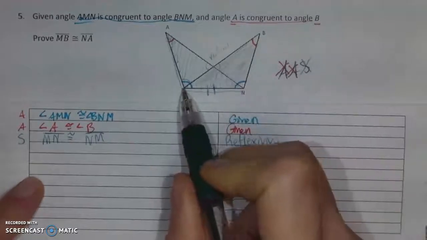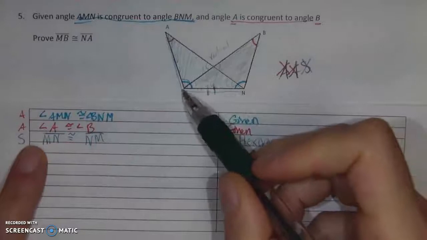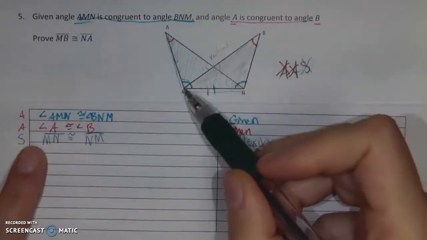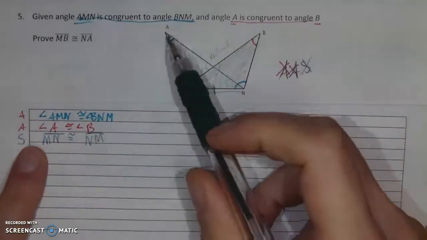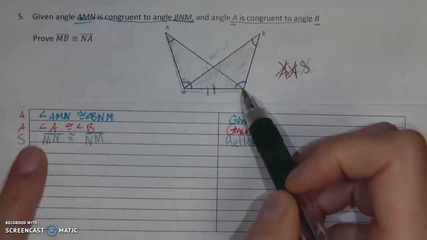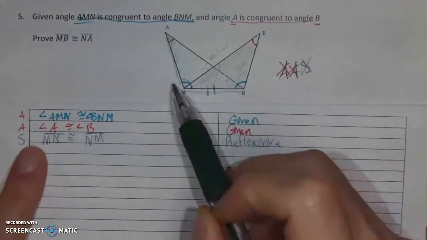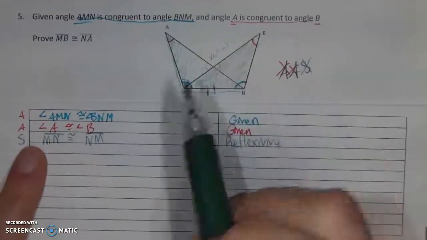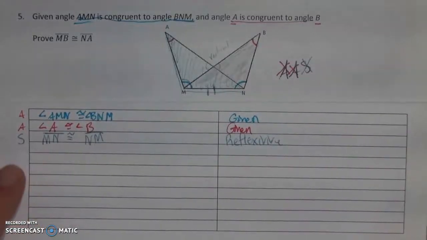So here, please notice that your M and N are corresponding parts here, because what would normally be the M angle in this shaded triangle with B is actually corresponding with the N angle in this shaded triangle A. So notice that those are going to flip-flop, so M corresponds with N and N corresponds with M.